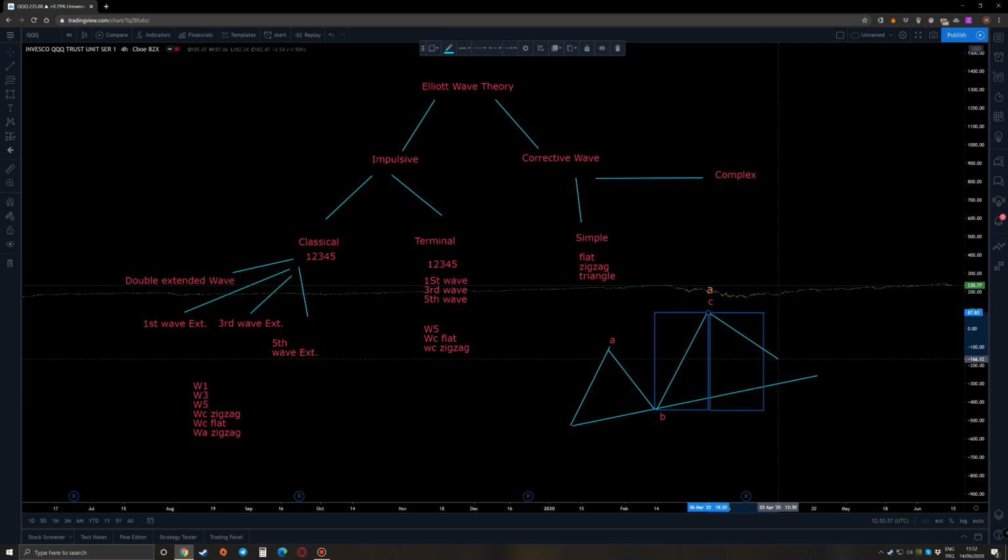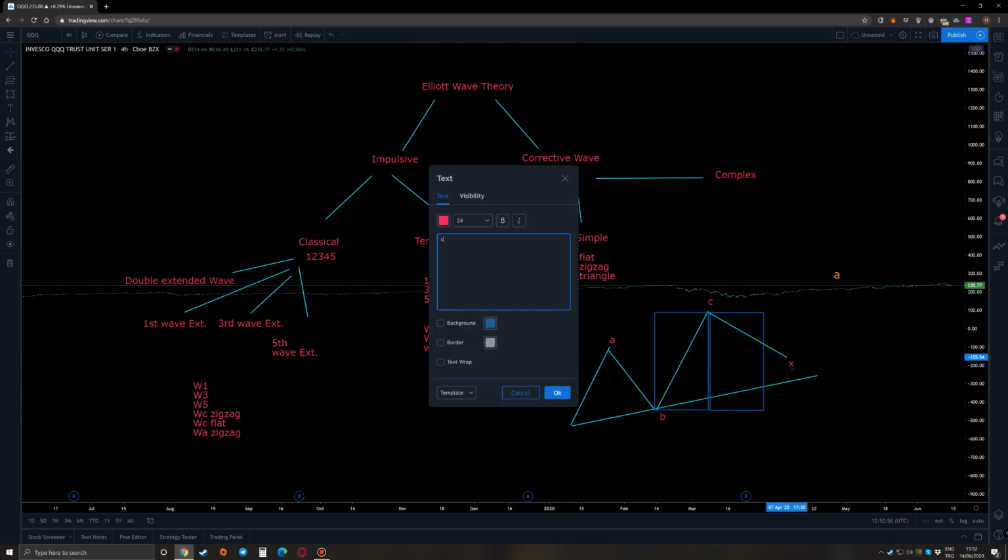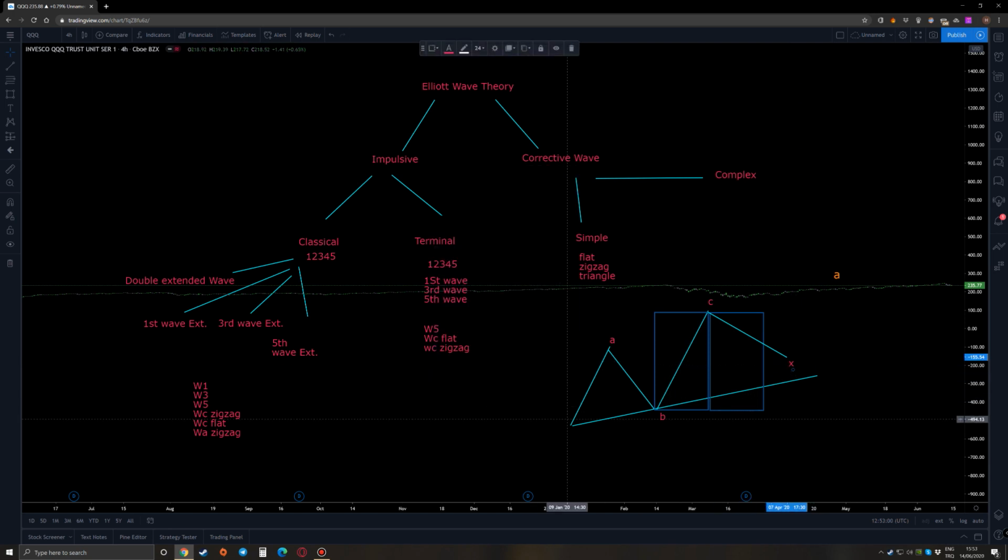If it does something like this and the time is up, it means that you cannot put this wave A here. Why? It means that whatever this correction is, I'm talking about this wave, is a complex correction. And if it's a complex correction, you actually need an X wave. Now, what is this X wave? This X wave is what is called an intervening wave.